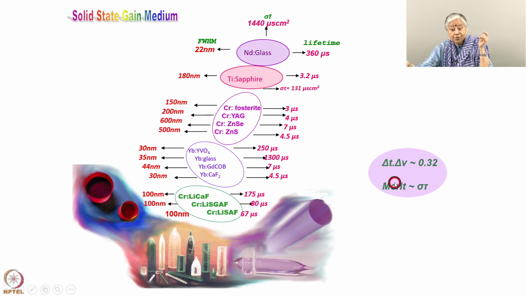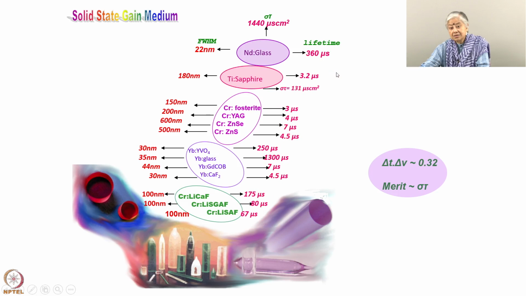But there is one more problem. If you just compare ND glass, this is the lifetime. Here I have written the full width half maximum of the spectrum of that medium, and this is the lifetime of the upper lasing level. Okay.